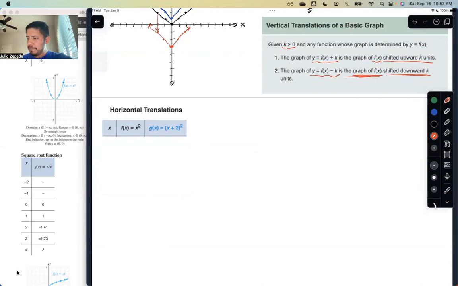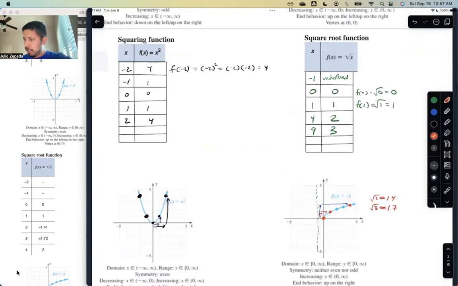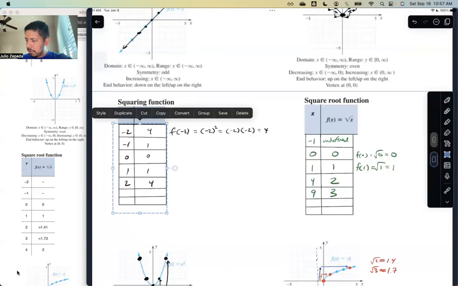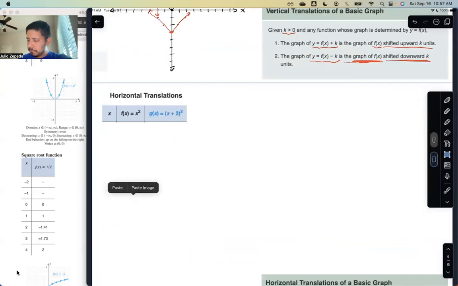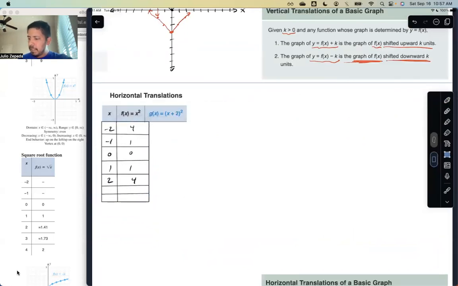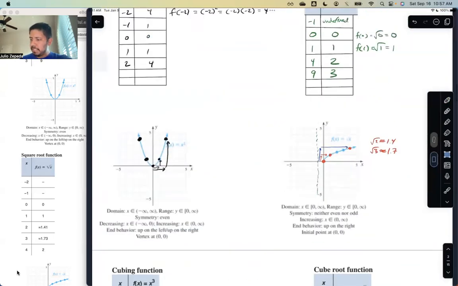Excuse me. Okay, so let's take a look at f of x equals x squared next. And we'll copy this. This is one of the ones that sometimes gives students a little bit of trouble.